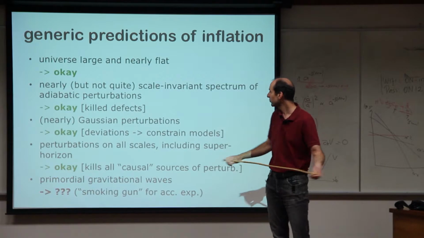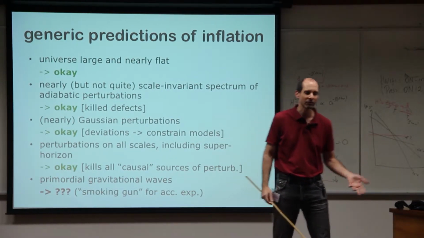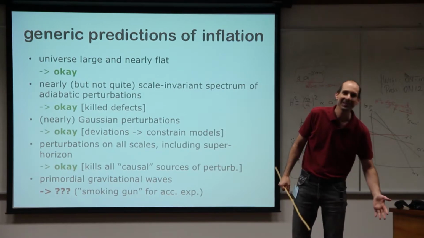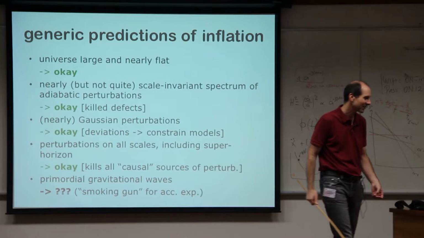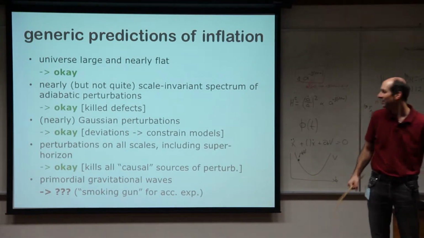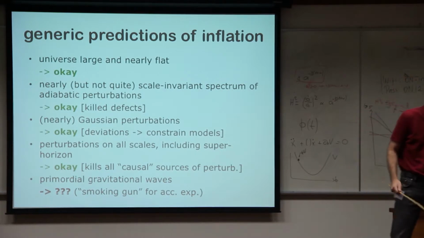And so generically you should create what is called primordial gravitational waves. And if you saw those, that would be the missing key prediction for inflation. So that's why everybody is so desperately looking, and that's why BICEP a few years ago had this huge impact.